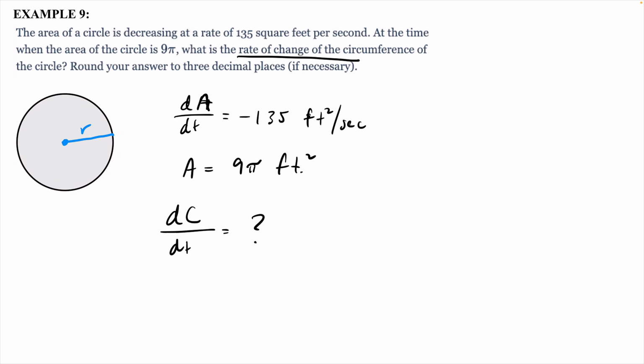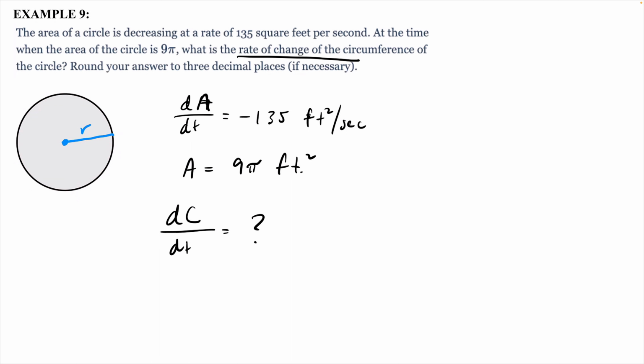Okay, step 3. So go to your formula list. What is a formula that involves all of these? 2 pi r. So we have two formulas for circle. Which one would best answer the question? What's the question?